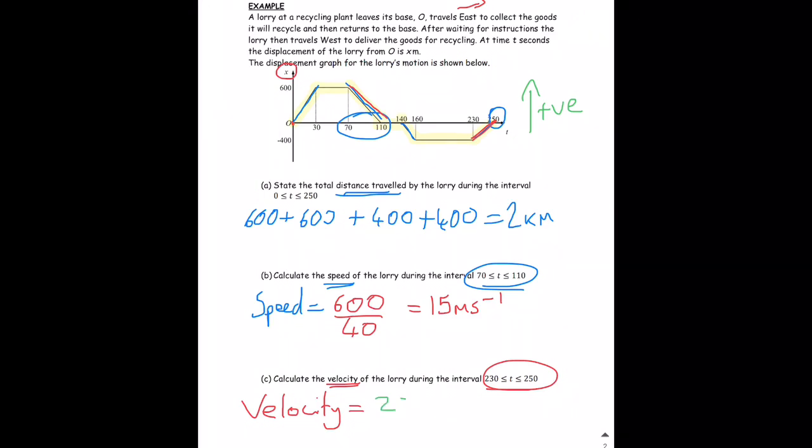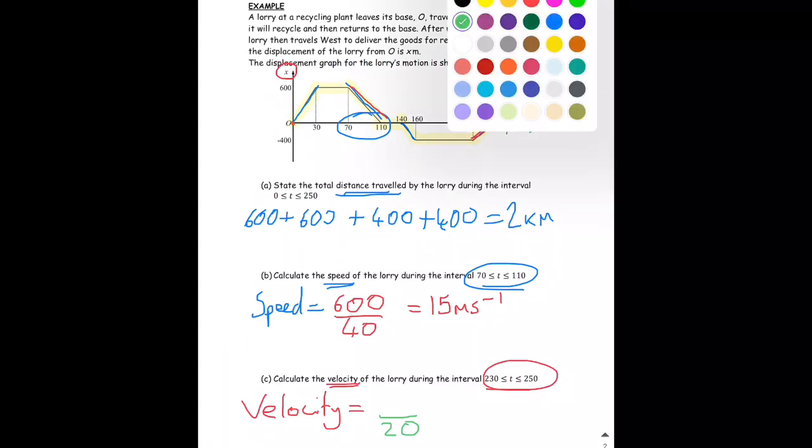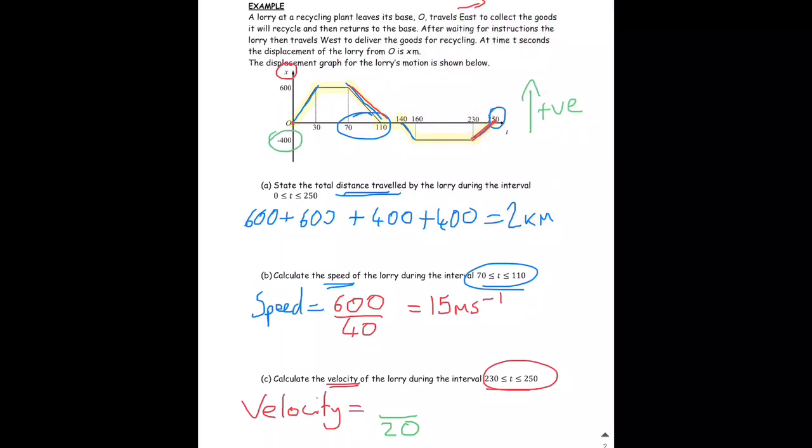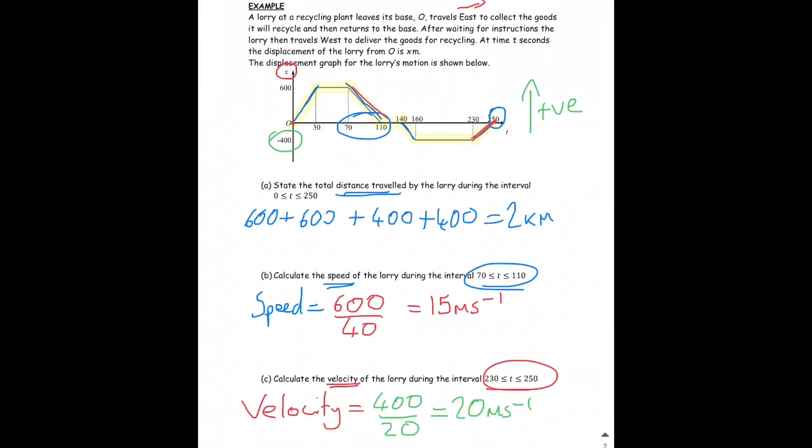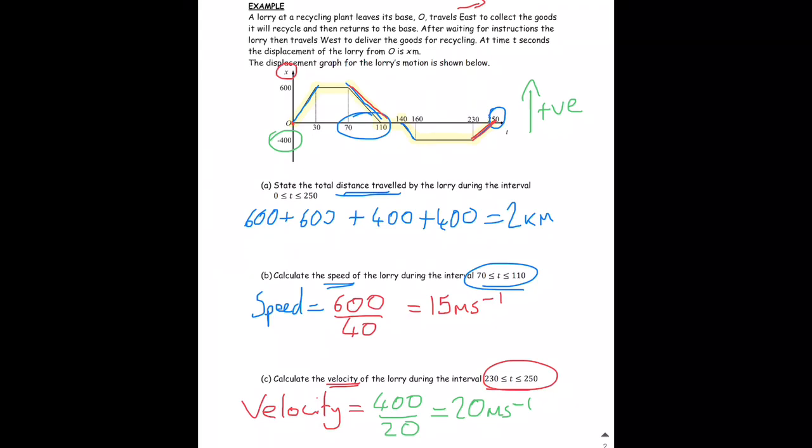It's not 20 metres it's travelled because it's gone from minus 400 back up to 0, so it's travelled 400 there in the positive direction, and that should give us 20 metres per second there. So again, the same as the speed, but it's in a positive direction, so that would always be the same as the speed. Speed, the direction doesn't matter.